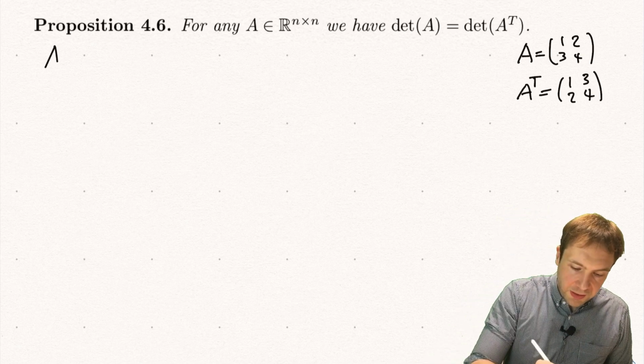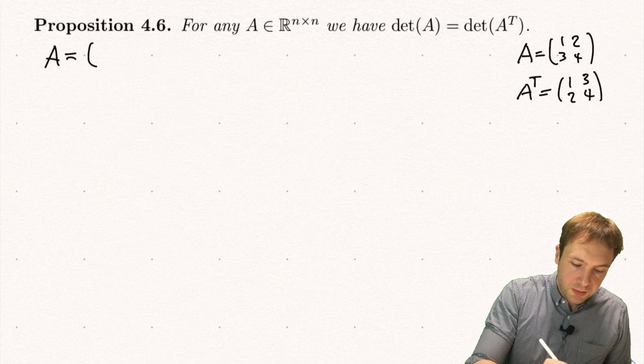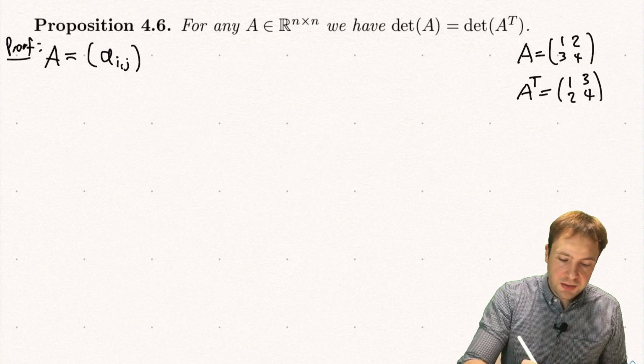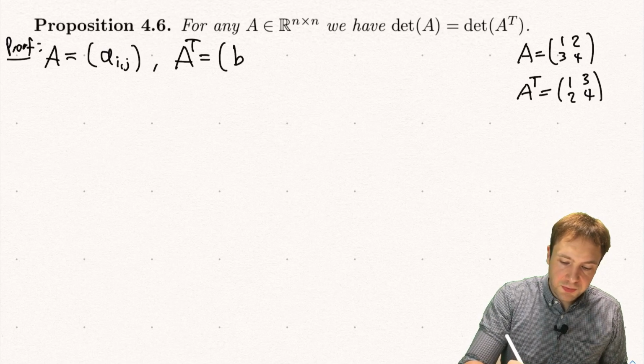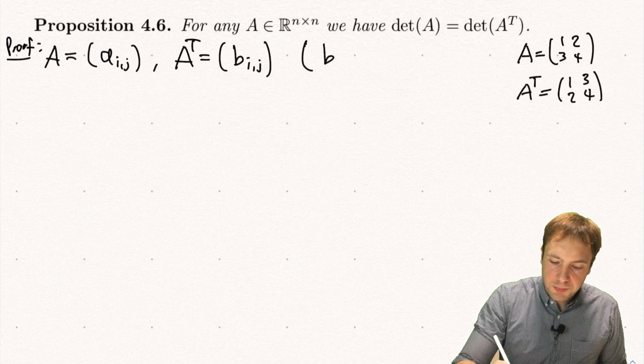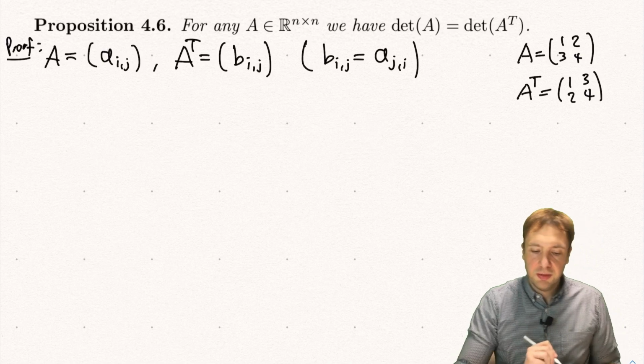Okay, so let's do this. This is a proof. A has entries a_ij, and A transpose has the entries b_ij. So in other words, b_ij is just a_ji.